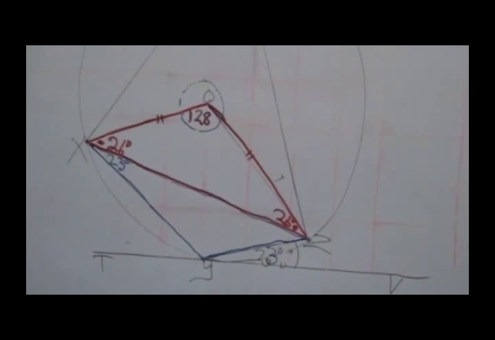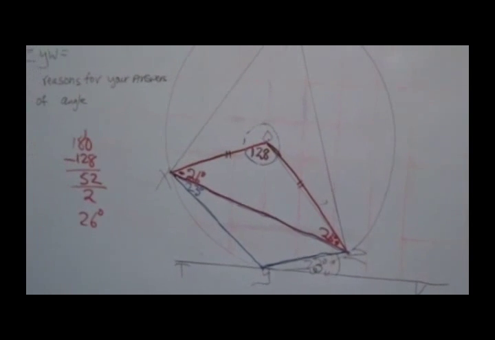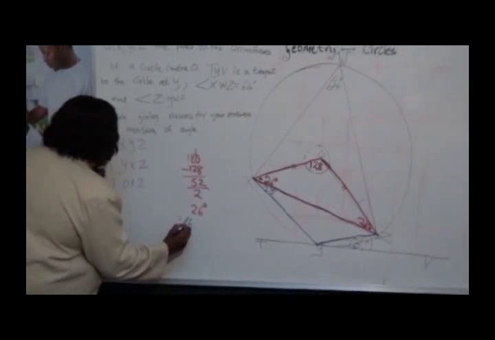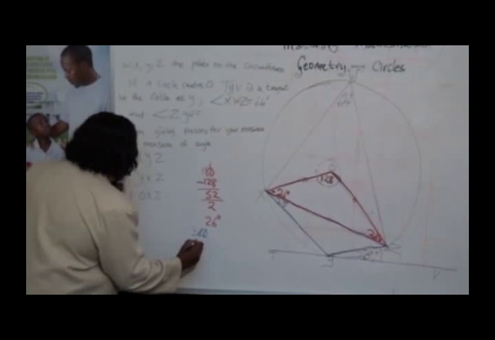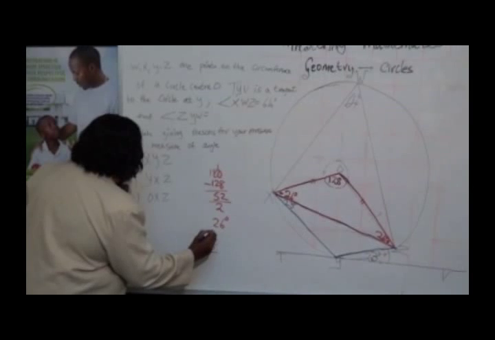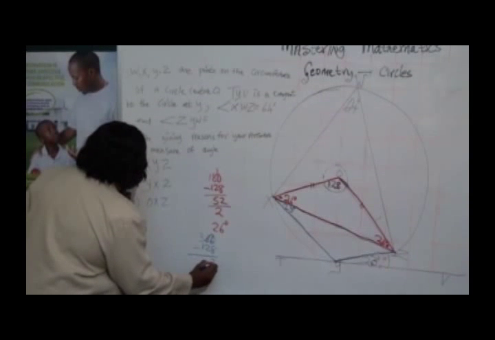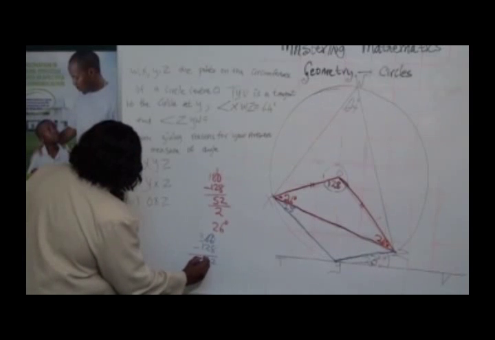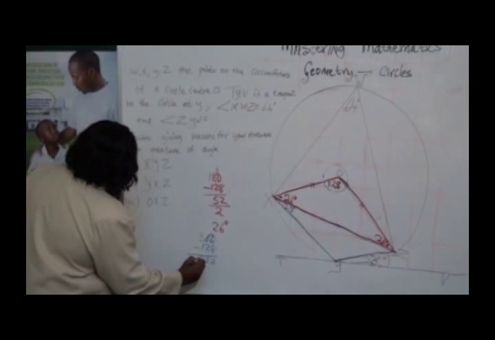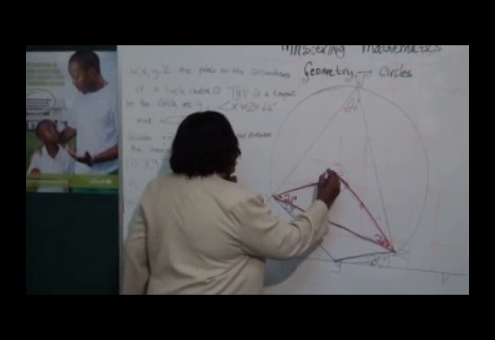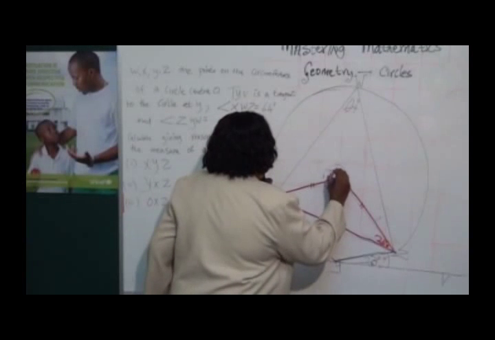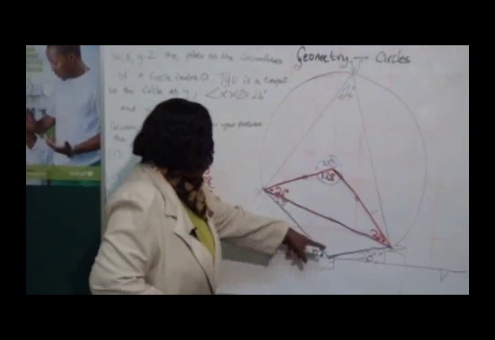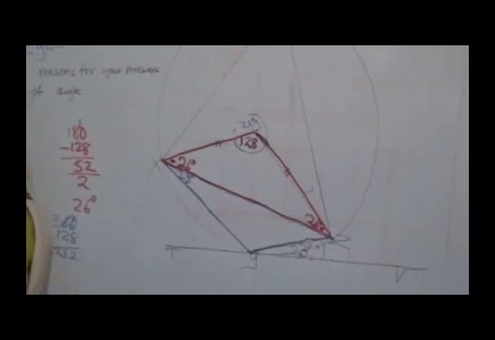So we have to find that, and we're going to find that by subtracting 128 from 360. Two from 5 would give you a 3, and that would give me 2. So I have that this outer angle here is 232, and therefore this is the angle at the center for this angle at the circumference.